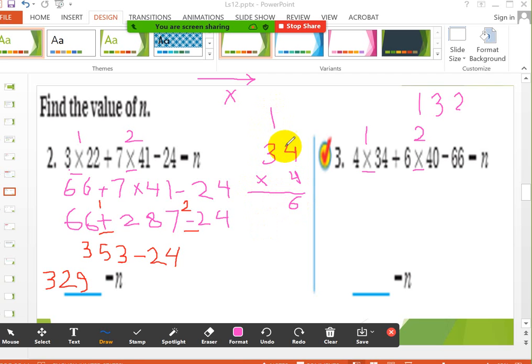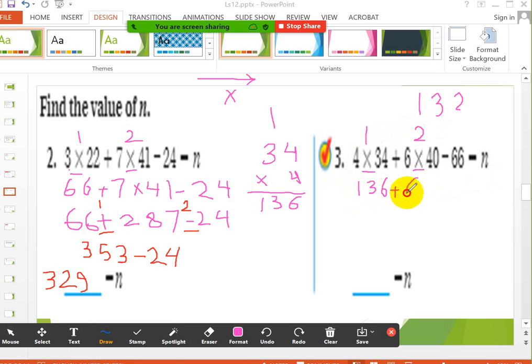Thank you, Zain. 4 multiply 3 equals 12, plus 1 equals 13. So the answer for this multiplication is 136. Okay? So I will write the answer under the multiplication. It will be 136.